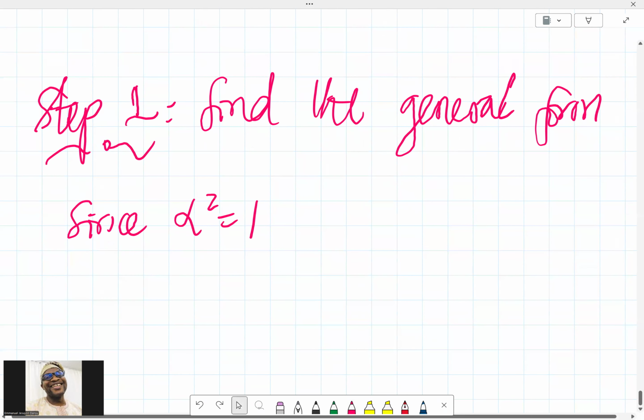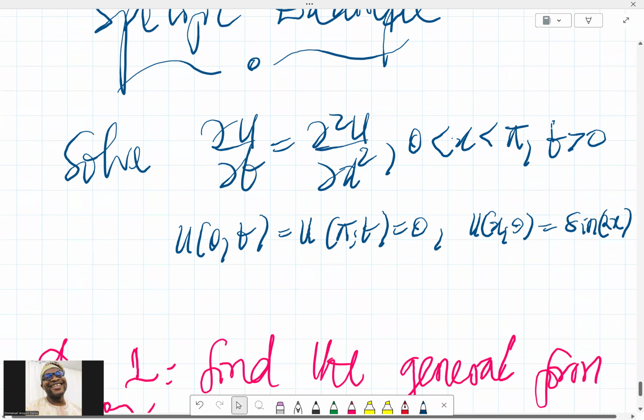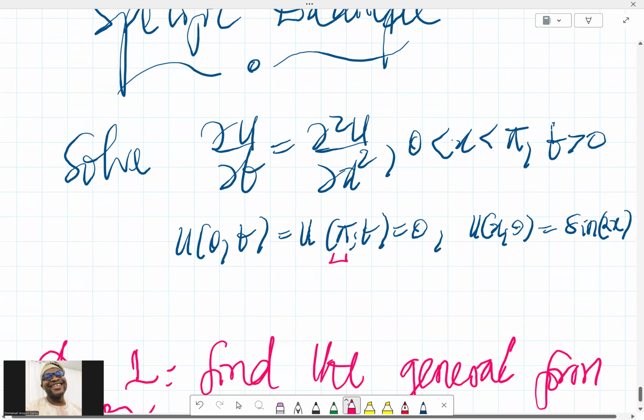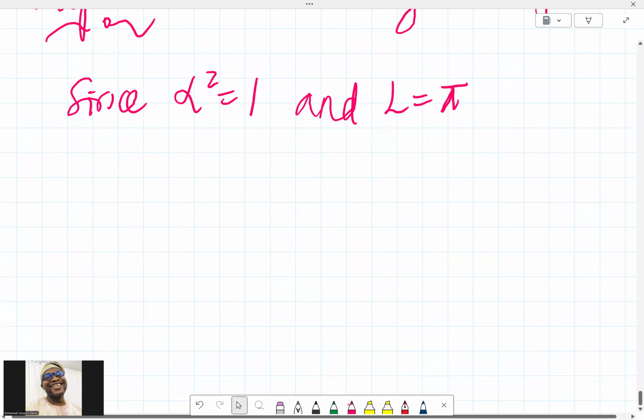And L is equal to pi, because of this. So since L is equal to pi, the general solution.